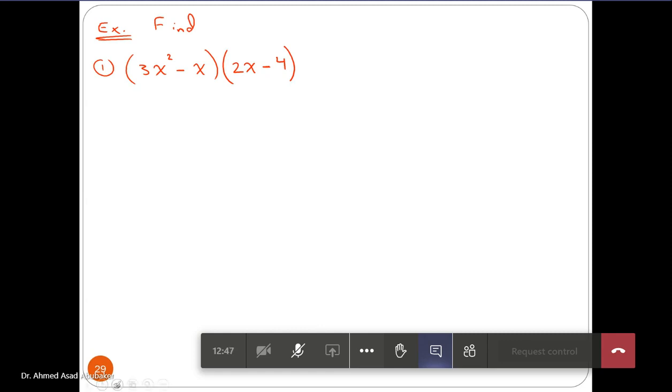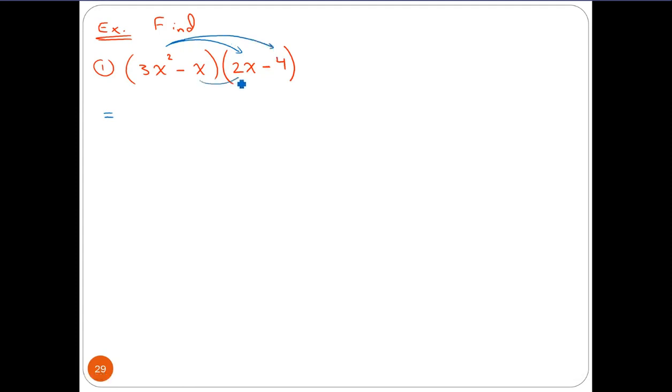Okay. The solution: we must multiply each term in the first bracket with the second bracket. Each term in the first bracket multiplies with all the terms in the second bracket.